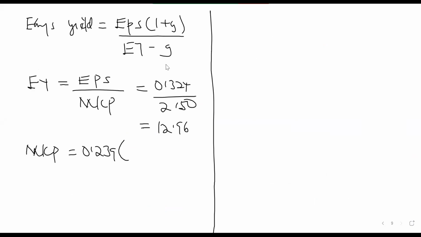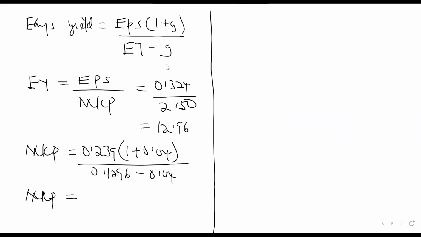Then we factor in 1 plus the growth, divided by 0.1296 minus the growth. The answer that you are going to be getting will be the market price under the earnings yield.